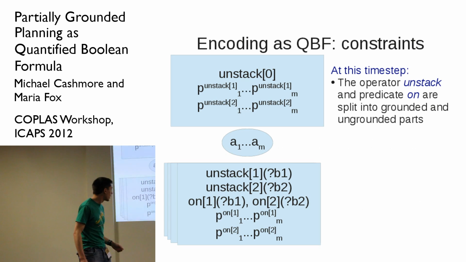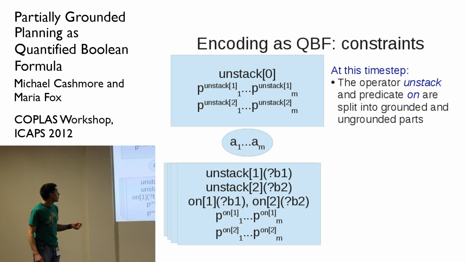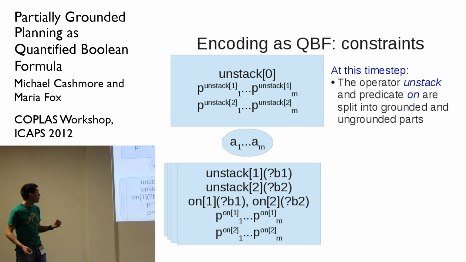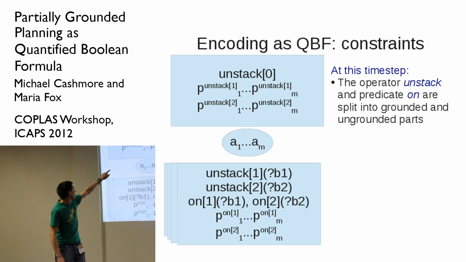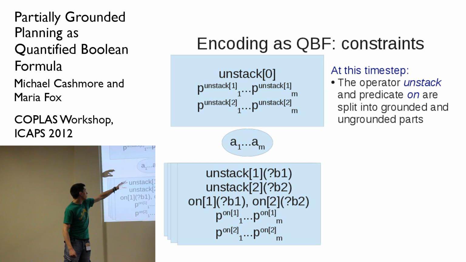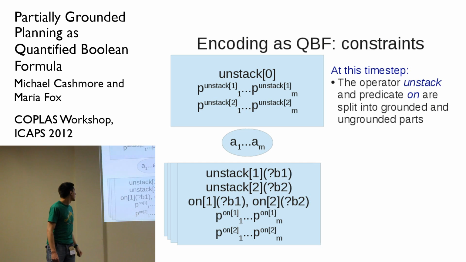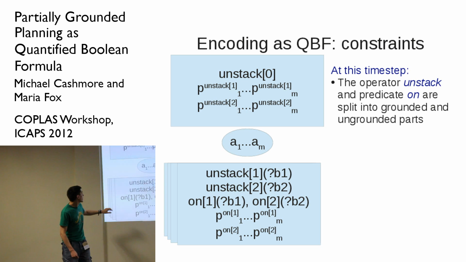Okay. So using the unstack example again, this is how we split operators and predicates will be placed. We have our placeholder unstack action, which is allowed 1 assignment, no matter what the universals are assigned. And then the rest of unstack is down here.